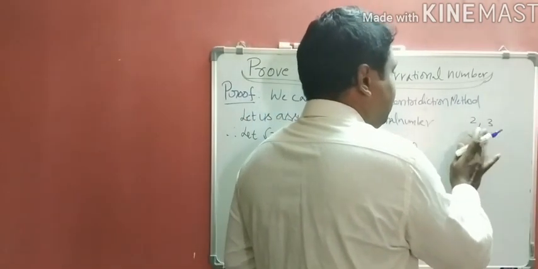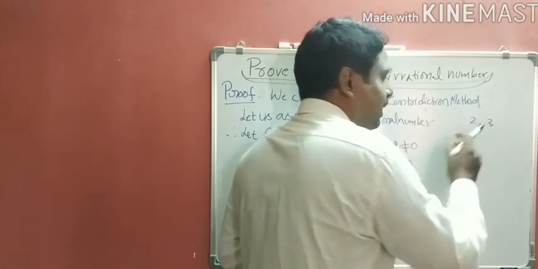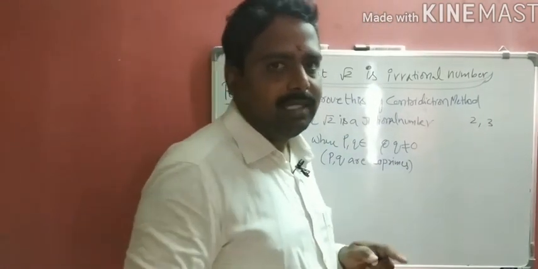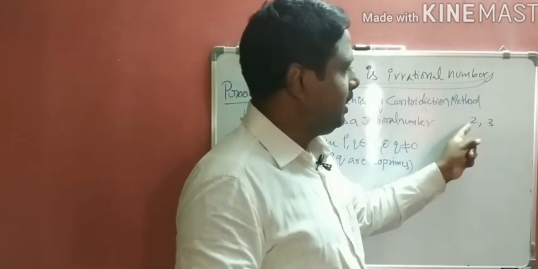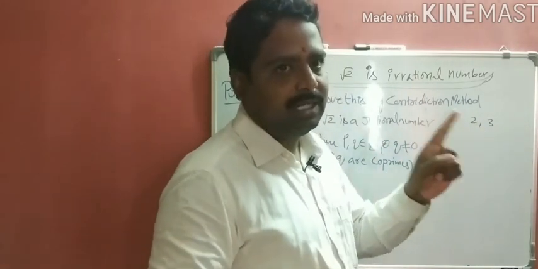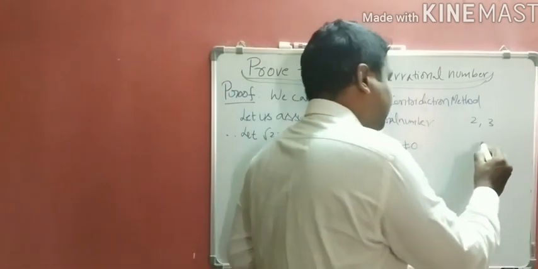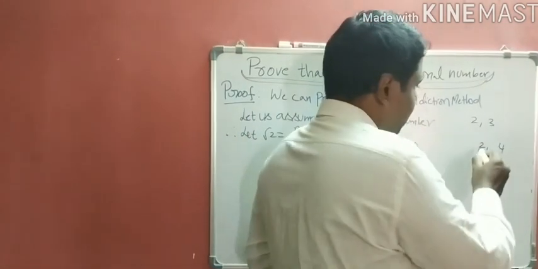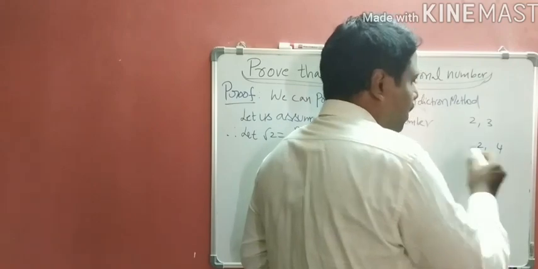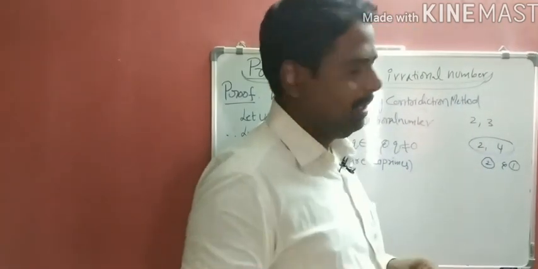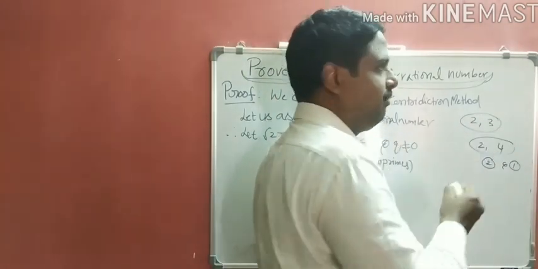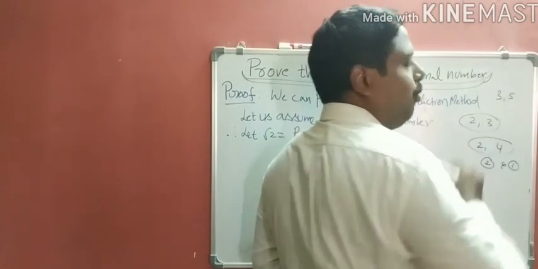Co-primes means there is only one common factor for both numbers. 2, 3 have a common factor, that is 1 only. For example, you take 2, 4. Here the common factors for both are 2 and 1, so these two are not co-primes. These two are co-primes. For example, 3, 5 are co-primes.